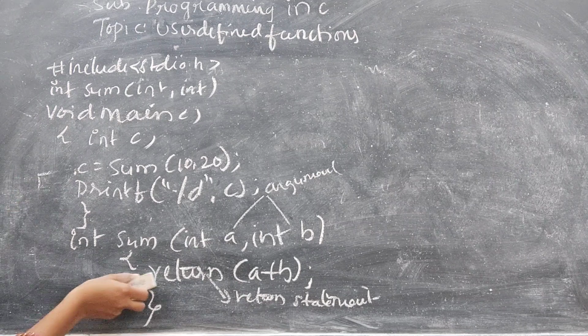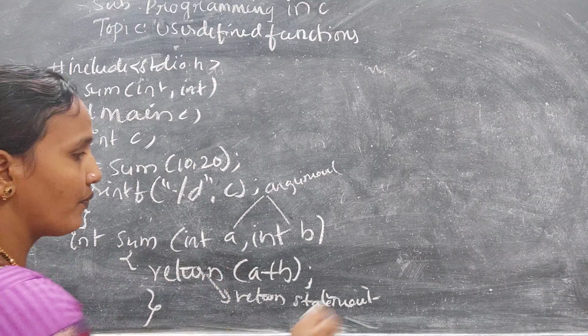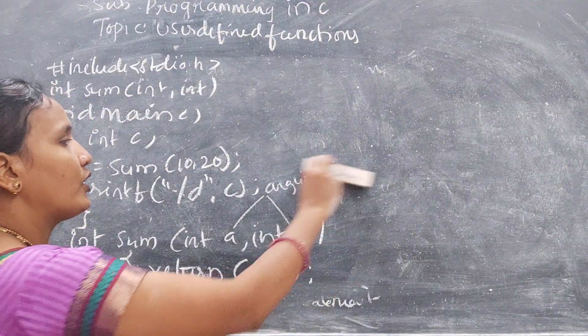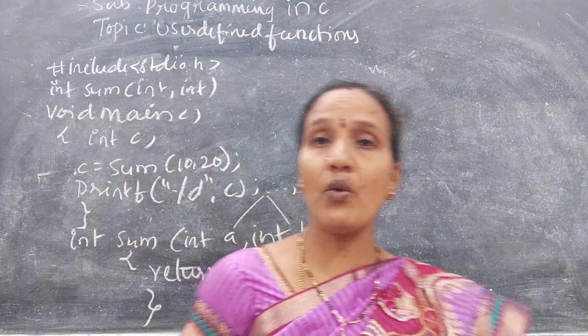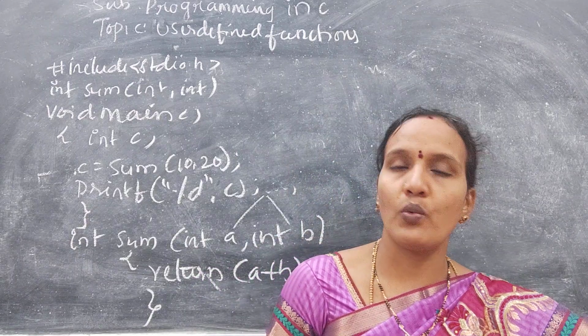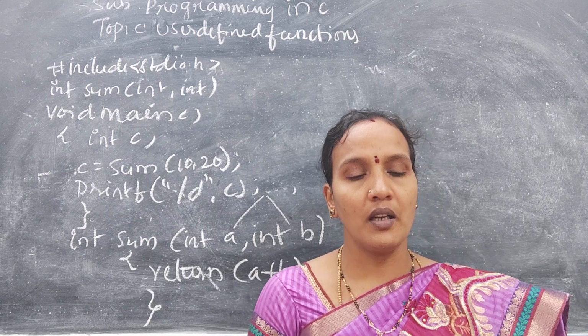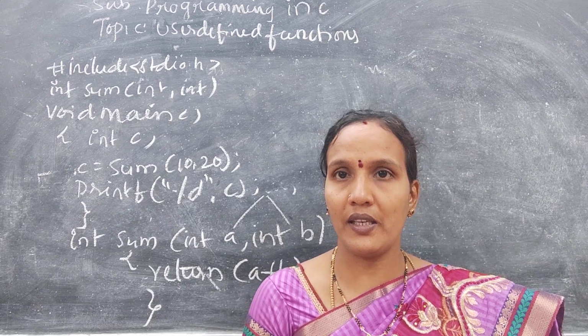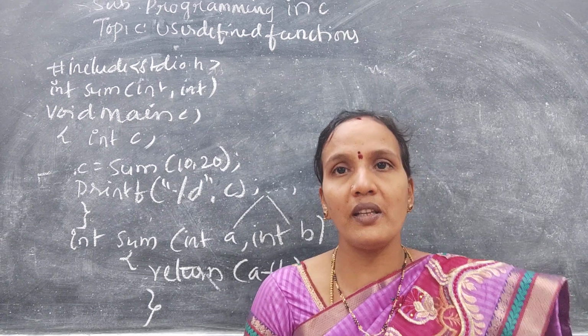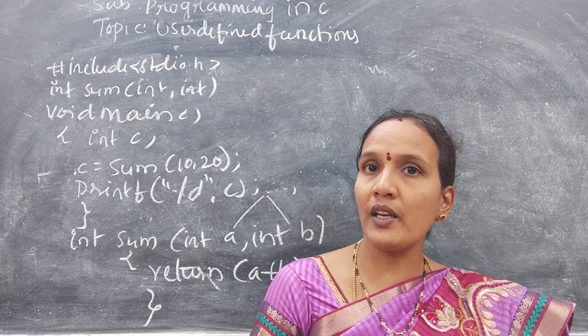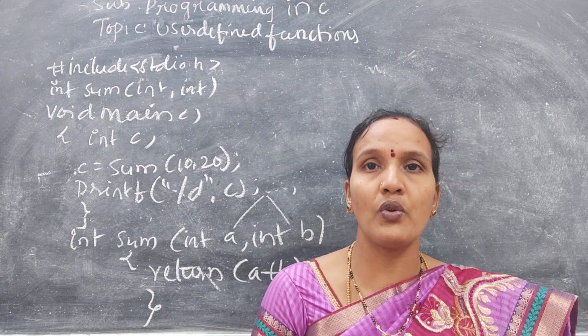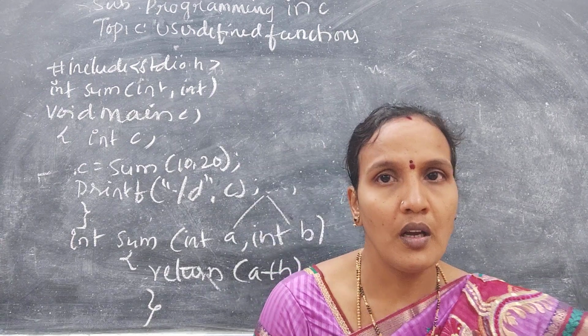Function with argument, without a return statement. What is the next one? Function you have, and the function has an argument, but it does not have a return statement. If there is no return statement, then how to print a value from a function?